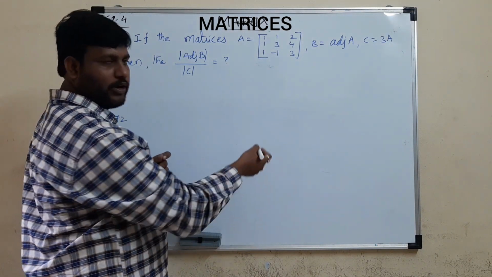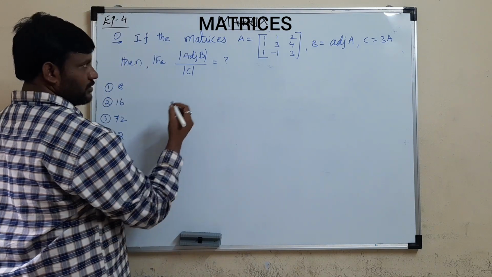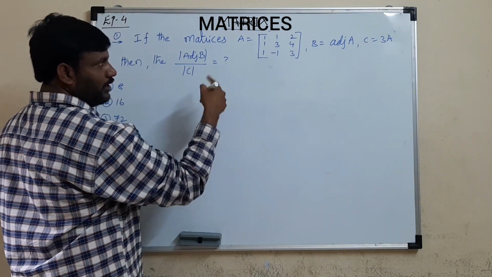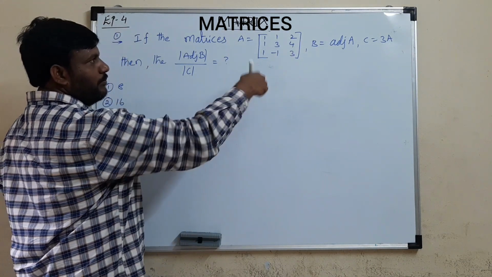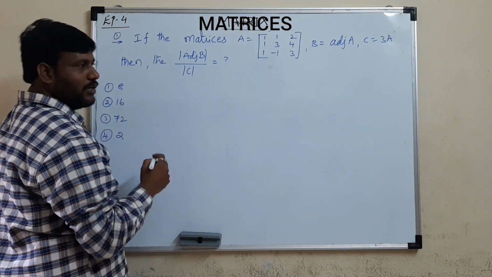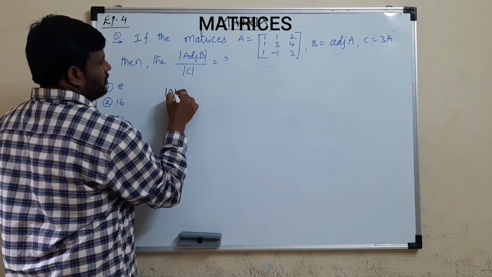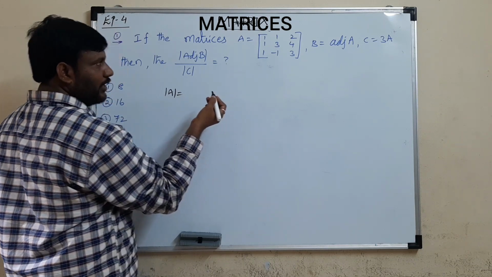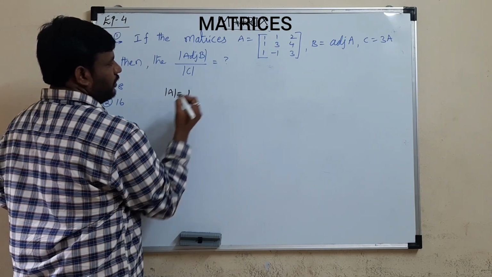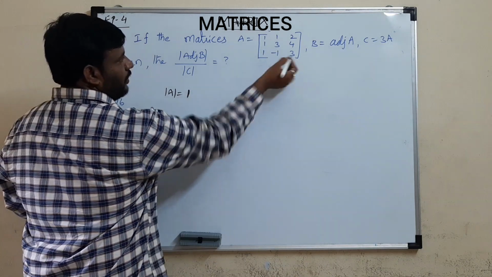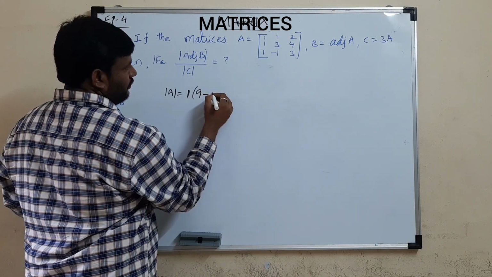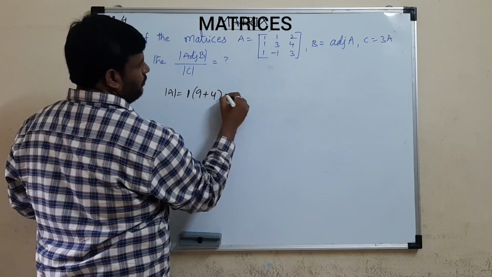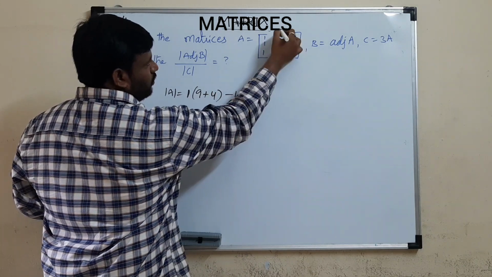I use the properties given before. Here first we find det A, because everything is in terms of A only. B is in reference to A, C is also in reference to A. So I find det A first. You know how to find the determinant. 1 into (9 minus 4), minus 1 into (3 minus 4), plus 2 into (minus 1 minus 3)... we have to leave this row and this column.